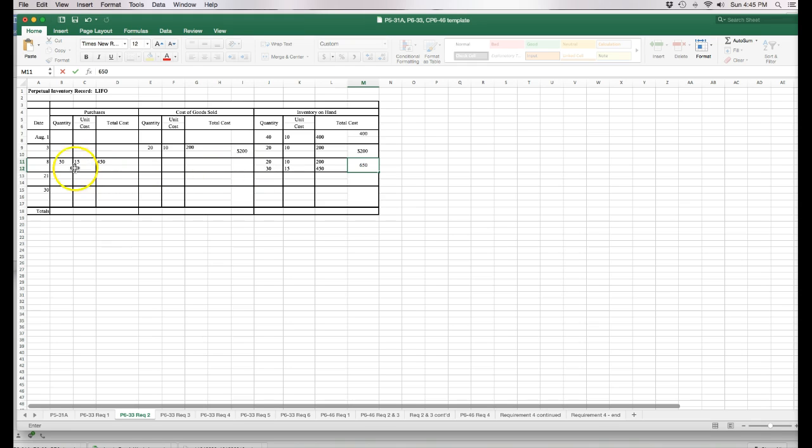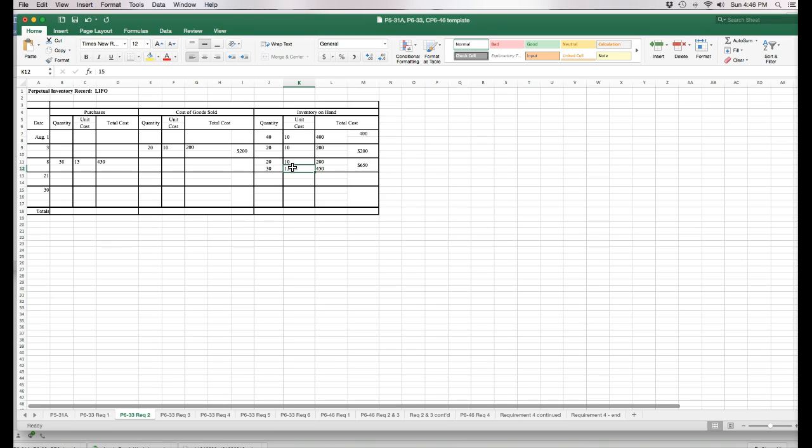Now on the 21st, the same as in requirement 1, we sell 40 units. But again, we have two different dollar amounts here of what it cost us. According to LIFO, what we do now is we take what was bought in last and we sell those first. Last in, first out. In requirement 1, we took what came in first and sold those first.